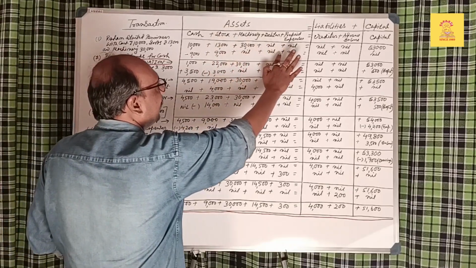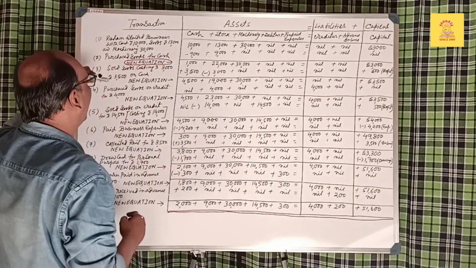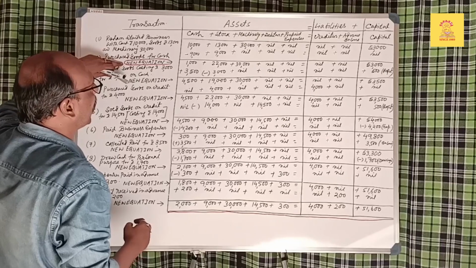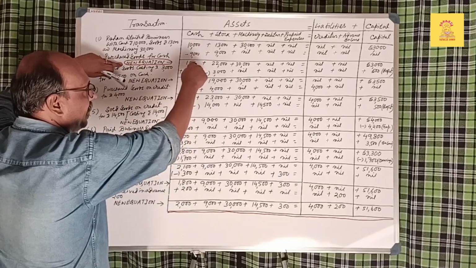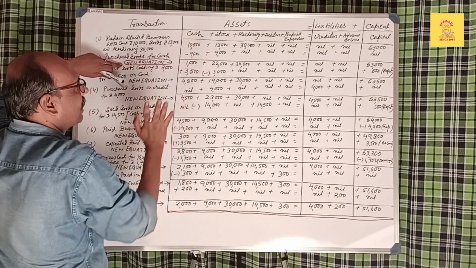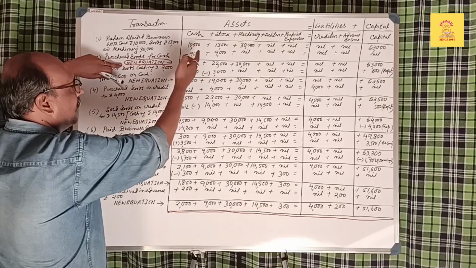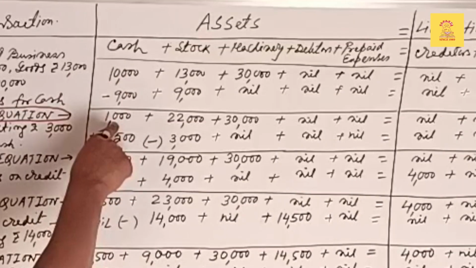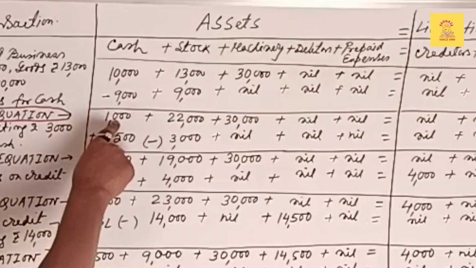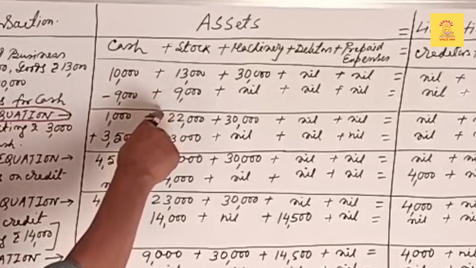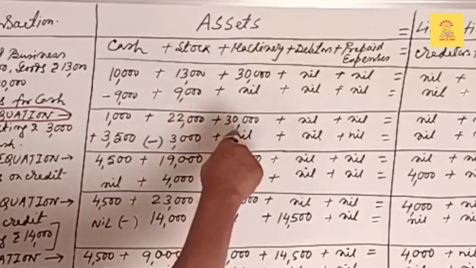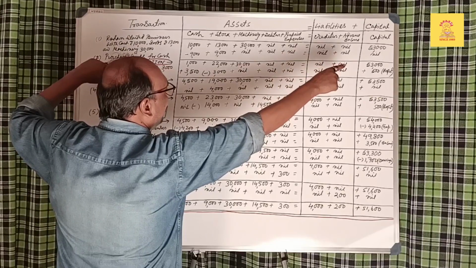The rest of the assets are nil. So you will get a new equation. Your cash position, previously 10,000, is now subtracted and shown as 1,000. Here it is 13 plus 9, 22,000. 30,000, nil, nil, nil, and last is 53,000.